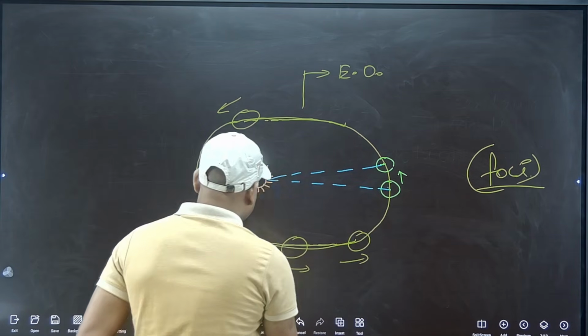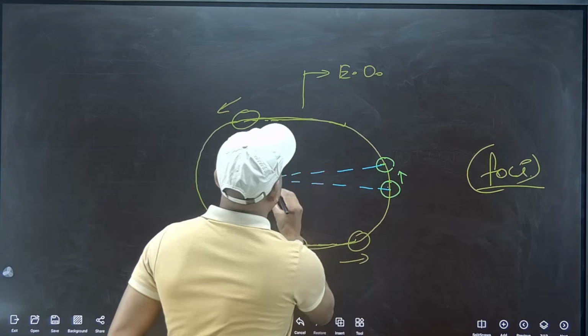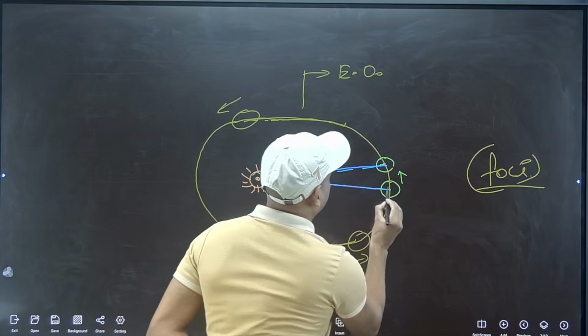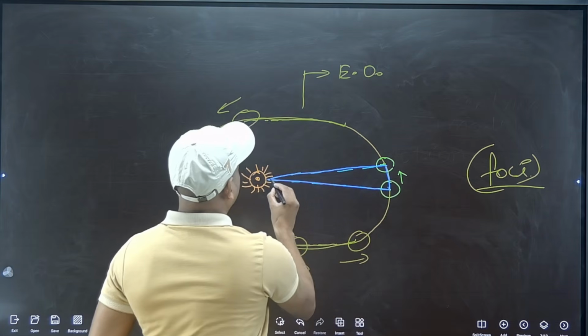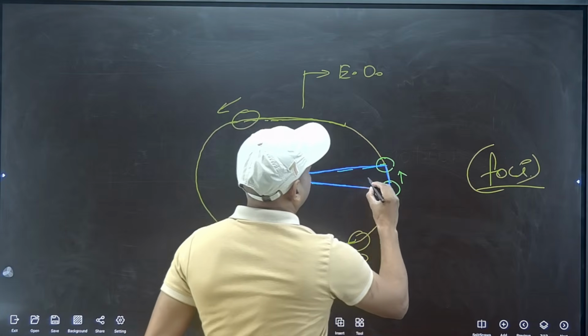Now, if we consider this entire imaginary area, it looks like a slice of pizza.